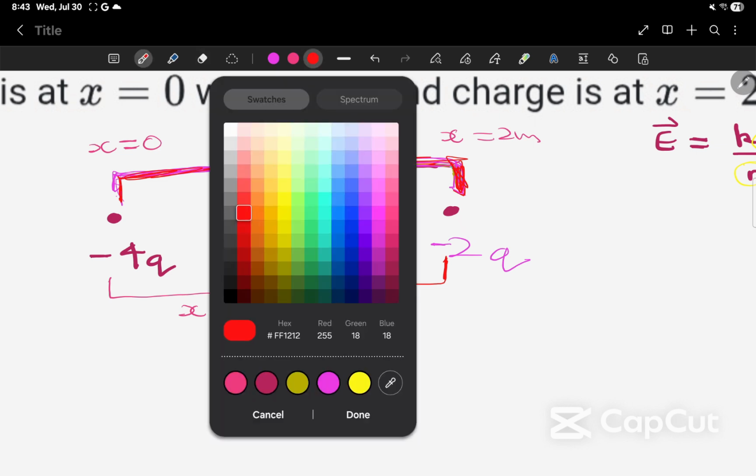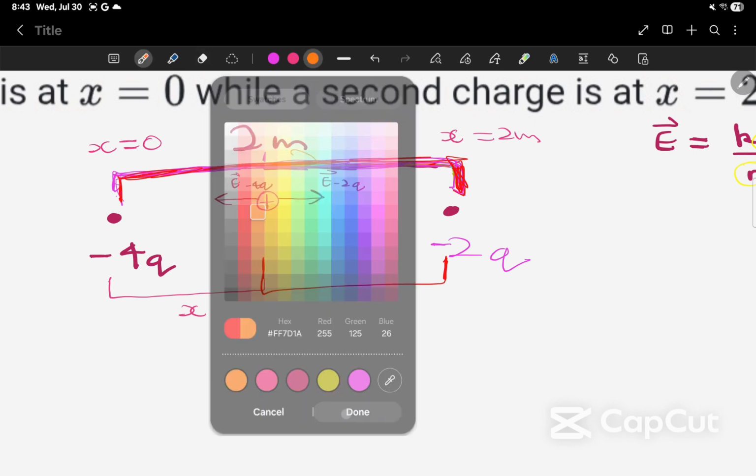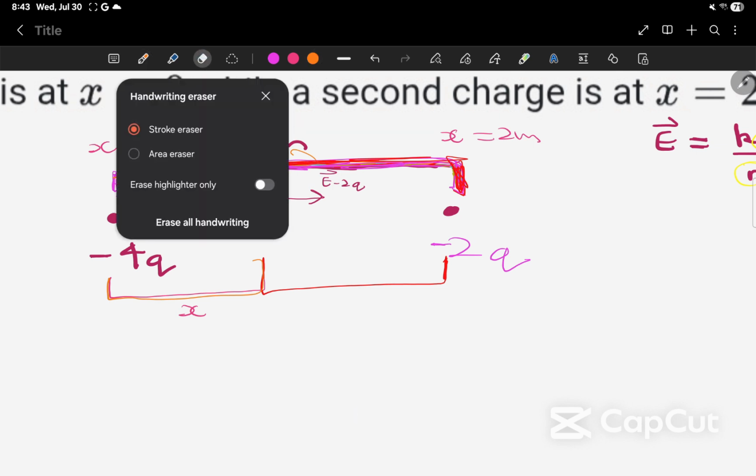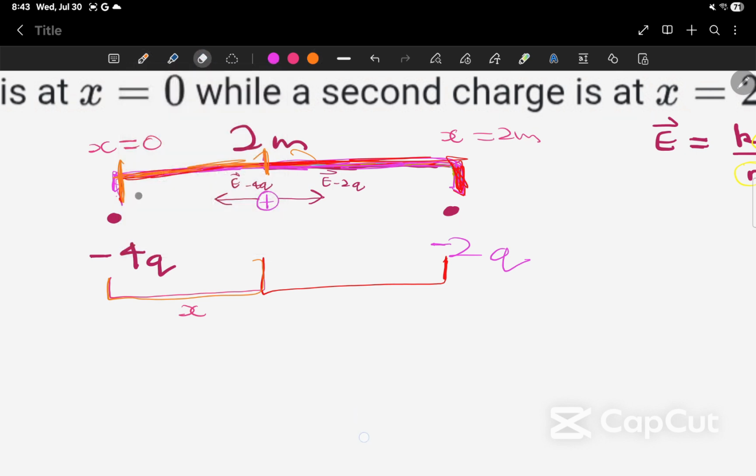So basically, if I bring this x distance up here, highlighting in orange, it's going to be this much of the 2 meters. When I subtract them, I'll get the following left over.